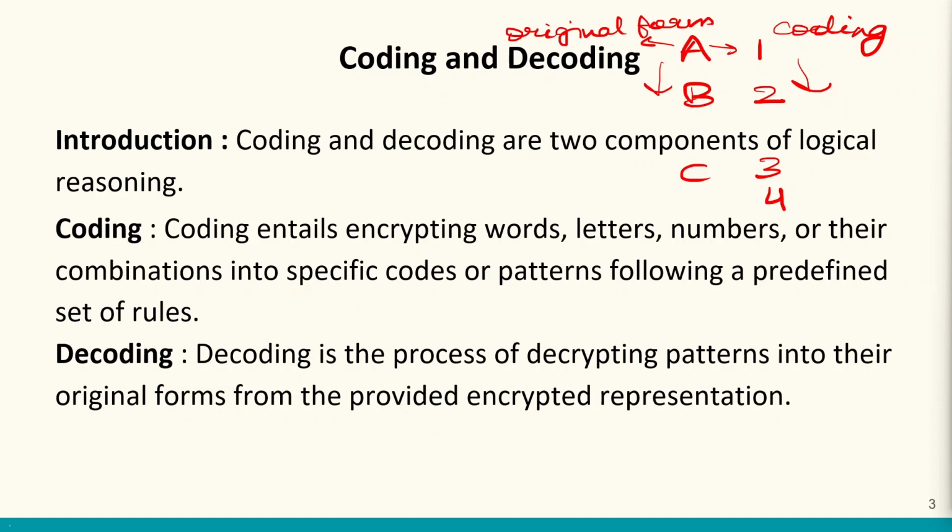So here I can say that D will be the answer. 4 will be coded as D. D again is the original form. When I identify the pattern and find the code for 4 or the code for D, this is called decoding.